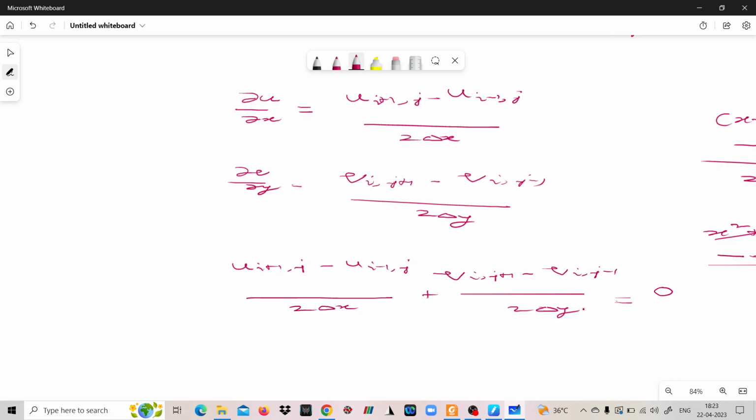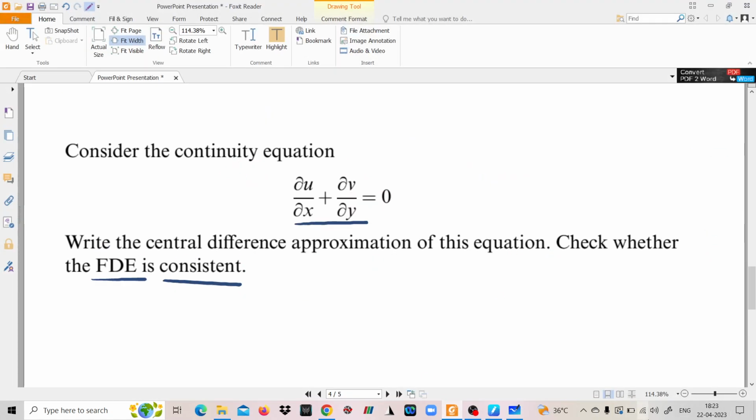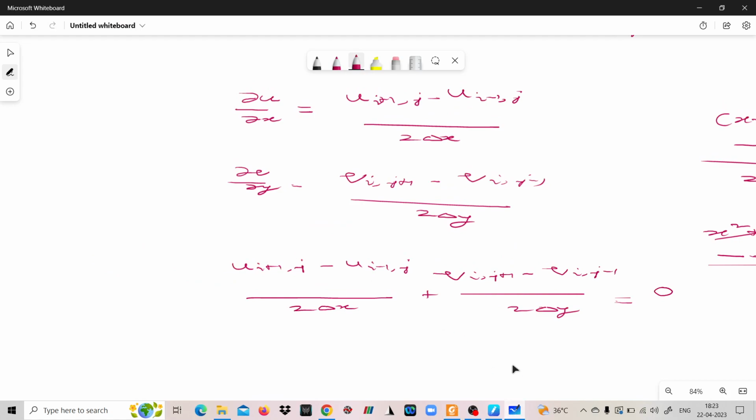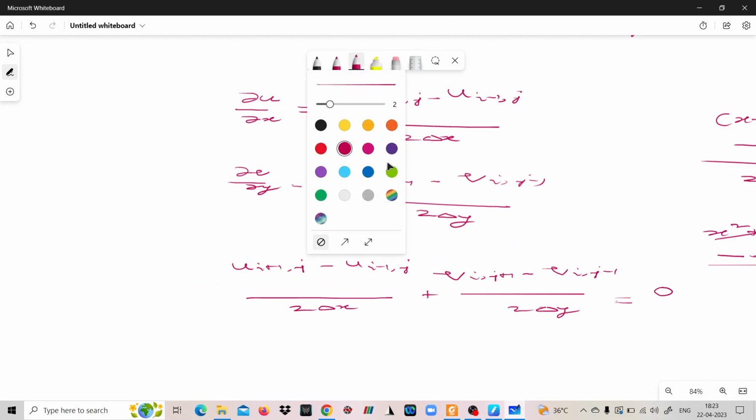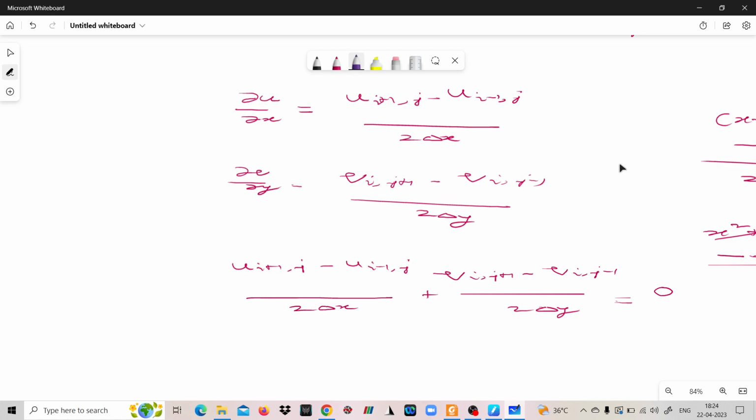Why is the next part important? You have to check whether the finite difference equation that we have written, this particular equation, is consistent or not. So what is the meaning of consistency? See here, because of the Taylor series approximation, what has happened?